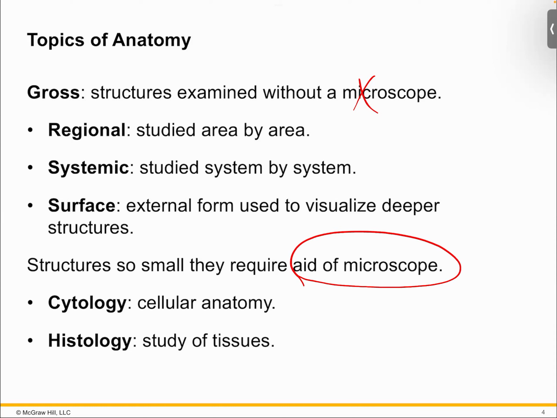So we want to take a look at a structural view of the tissues themselves. If you're looking at the cellular anatomy, the way that the cells are put together, that's cytology. So cyto basically means cell and ology means the study of. So cytology is the study of the cell. That's what that is. So this would be like a cellular biologist, right?